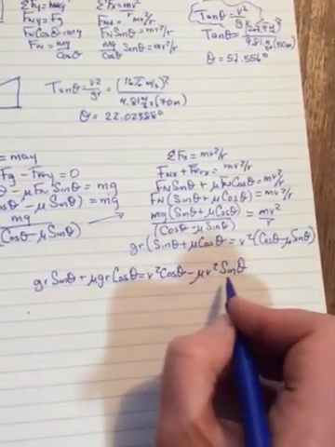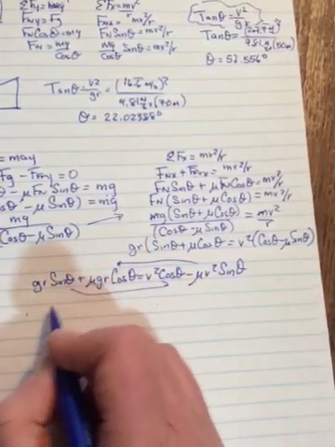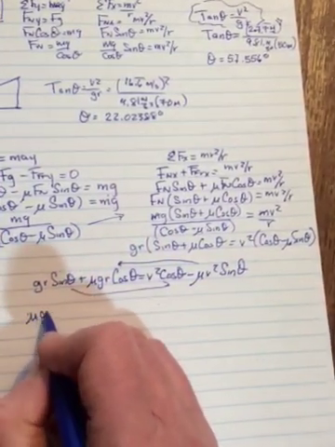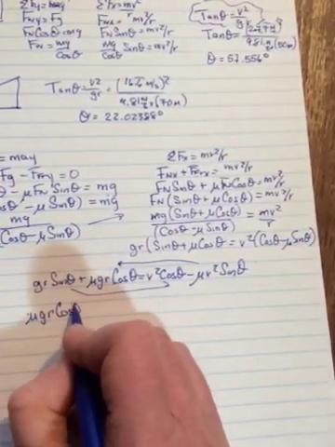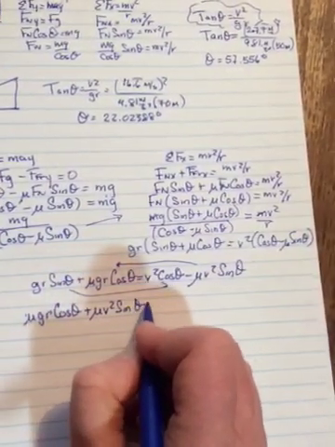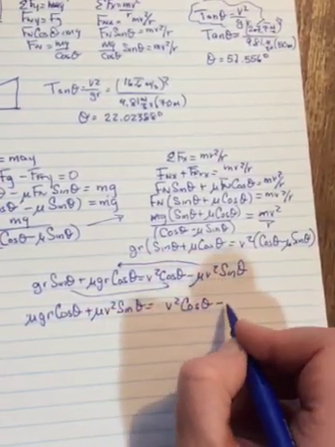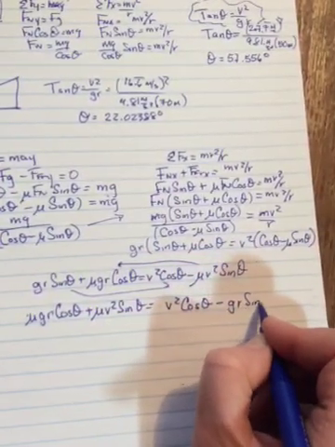Solving for mu, so take your two mu's to the same side, so bring this guy over and take this guy over. So you'll have mu gr cos theta plus mu v squared sine theta is equal to v squared cos theta minus gr sine theta.